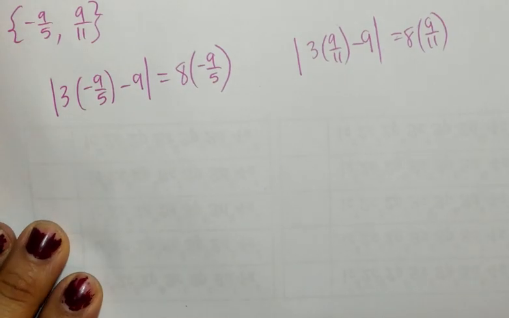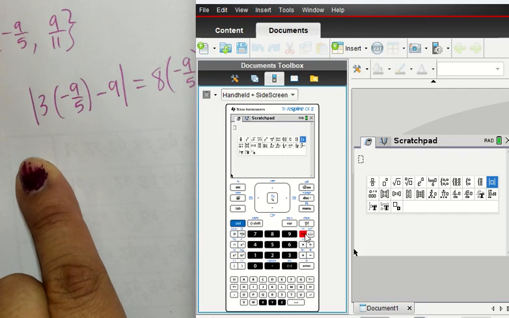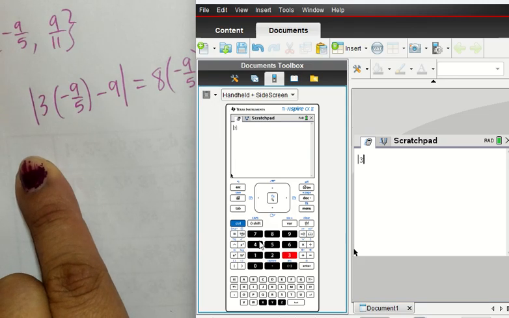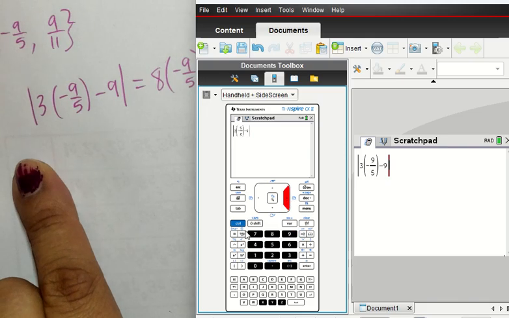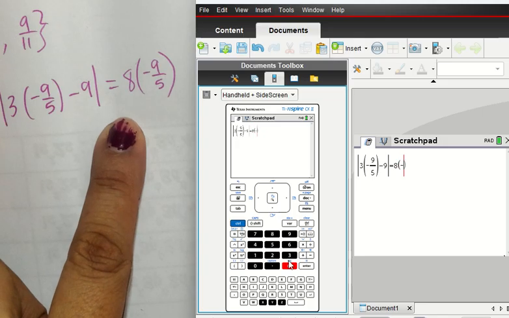So I'm just going to type this in the calculator so you can see. Absolute value of 3 times negative 9 over 5 minus 9, and then equals 8 times negative 9 over 5.